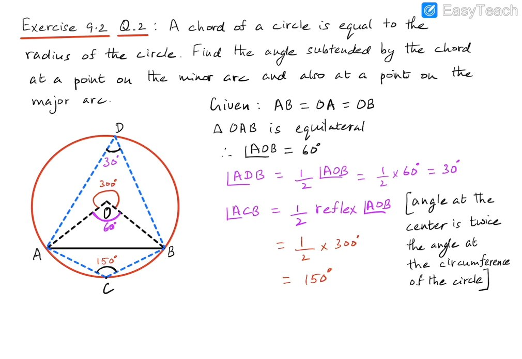Okay, so when we look at the question, we should not get bogged down too much worrying about how to work it out, because none of the values have been given to us in this question. There is no angle value given, no other information other than the fact that the length of the chord is equal to the radius of the circle. So the first thing you should do when dealing with these kinds of questions is to make the diagram.